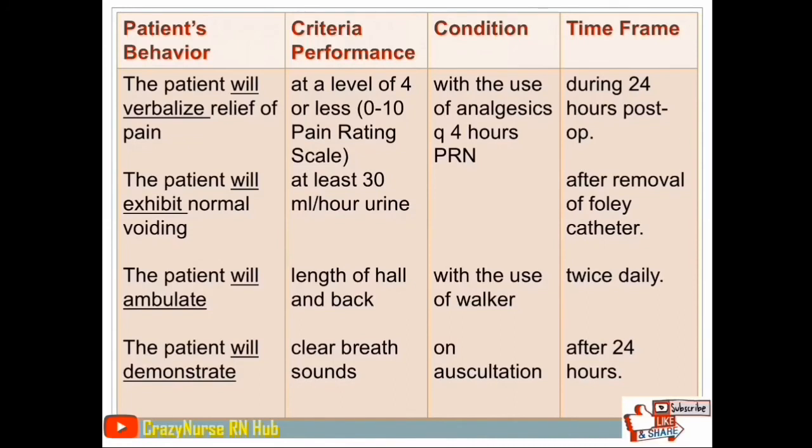In this statement, condition was not stated. The third outcome statement is the patient will ambulate length of hall and back with the use of walker twice daily. And lastly, we have the patient will demonstrate clear breath sounds on auscultation after 24 hours.